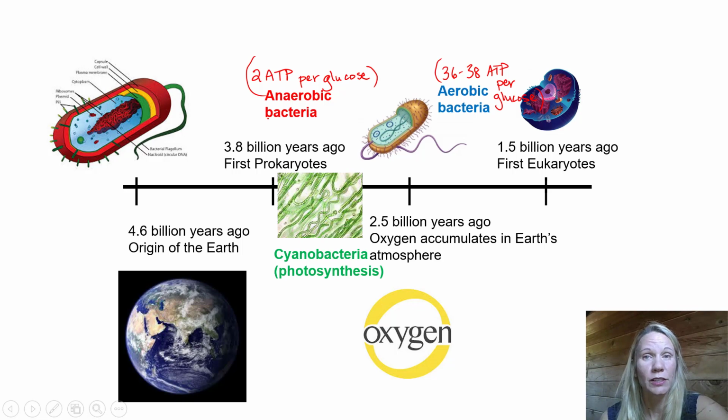Now, eventually, eukaryotic cells evolve. About 1.5 billion years ago in the fossil record, we see evidence of the first eukaryotic cells.